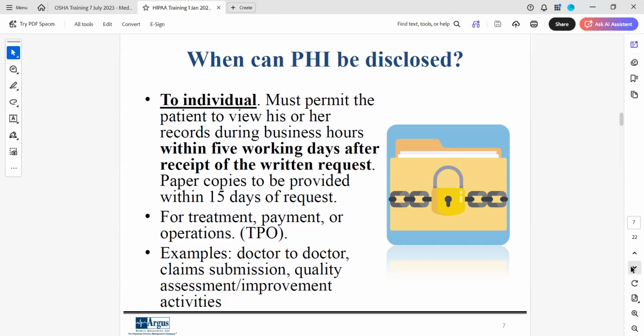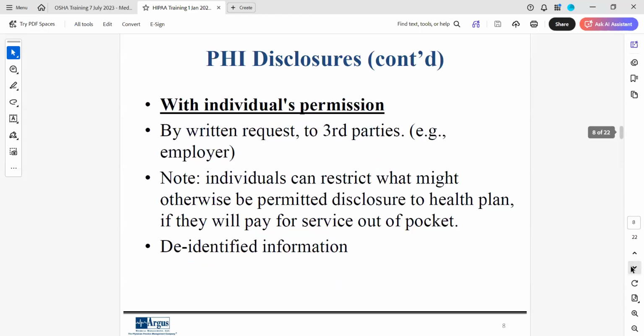A primary care doctor refers the patient to the specialist. The specialist is able to give that information on that patient back to the primary care doctor. It's also for claim submission, quality assessment, and improvement activities. These are all okay times to disclose the PHI.